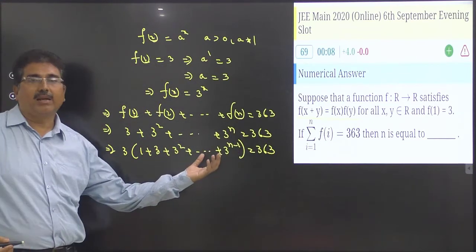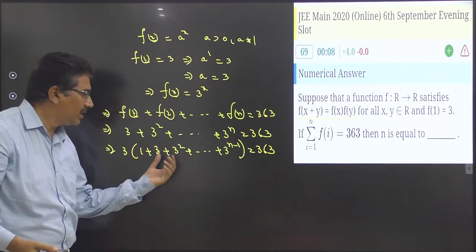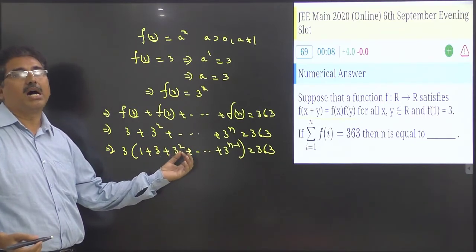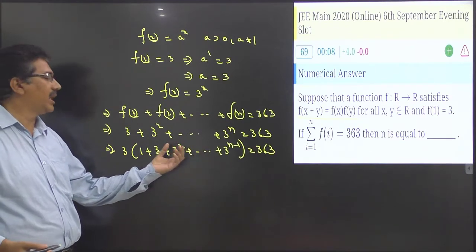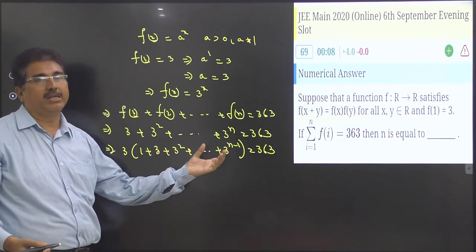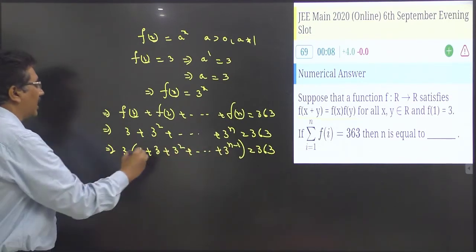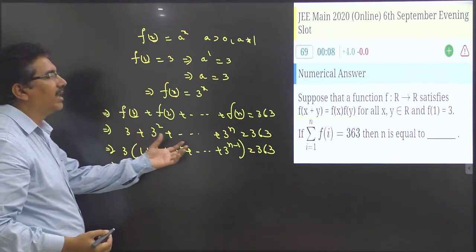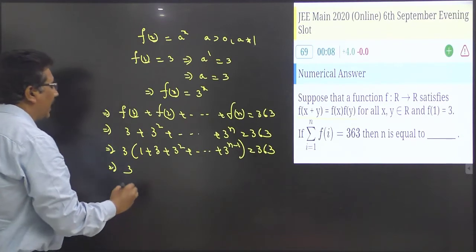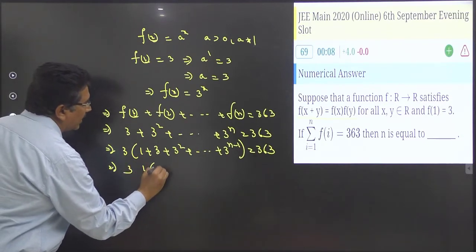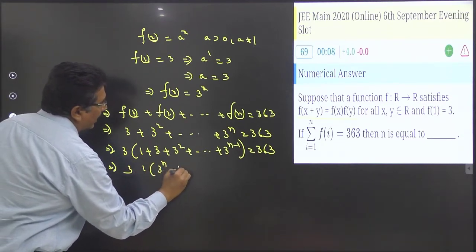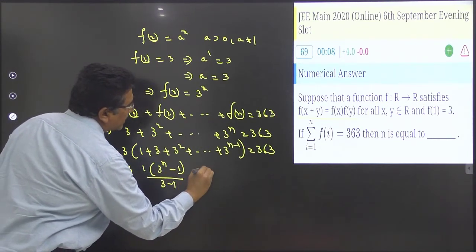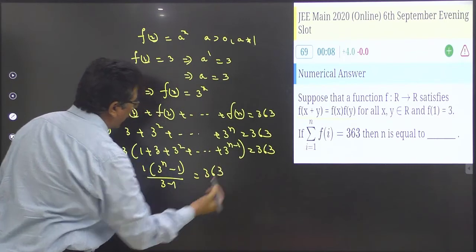Here the number of terms in the sum is n terms. These terms are in GP. So the formula for a finite number of terms in a GP is a(r^n - 1)/(r - 1), which is equal to 363.